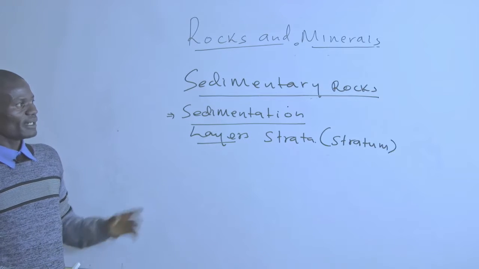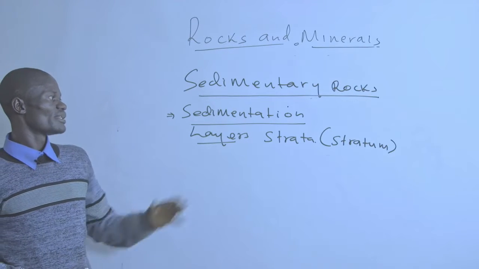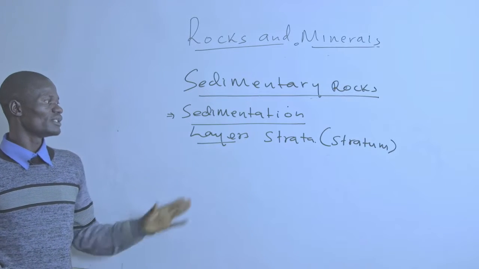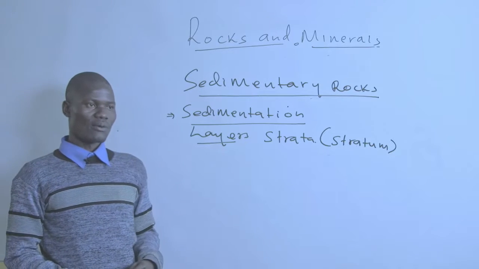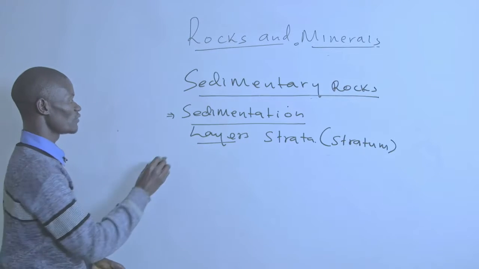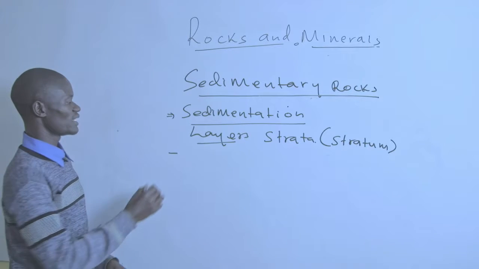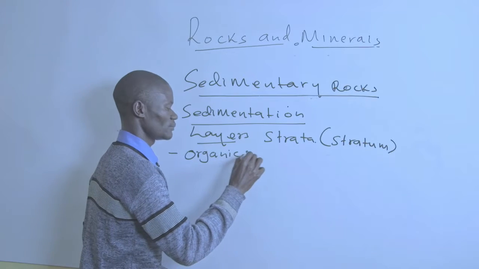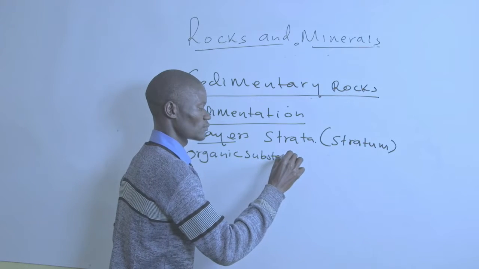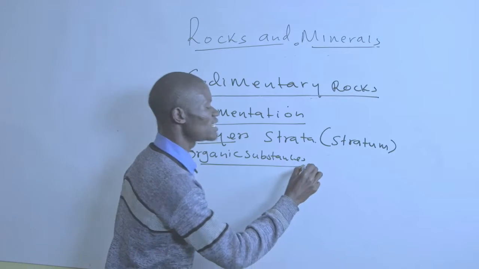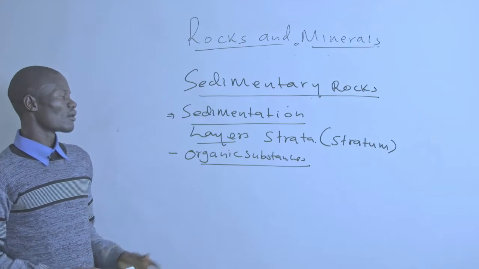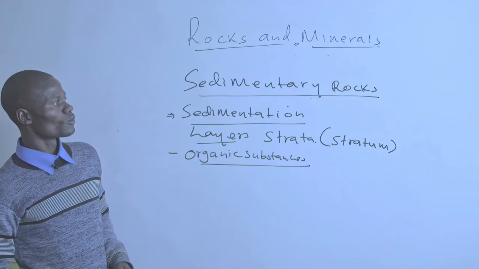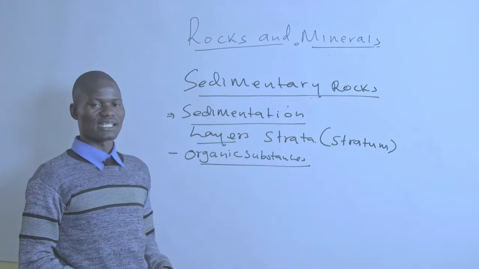Now, sedimentary rocks have been formed in the process of sedimentation, and they are laid down in strata or in layers. Most of these rocks are also formed as a result of the organic substances that have been transferred from the remains of the fossils compacted together with the pebbles or fragments of the igneous rocks.